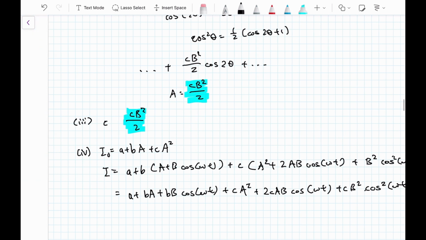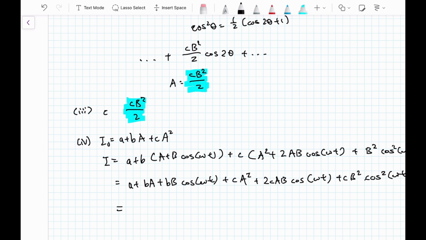And we need to express this somehow. One thing is that a plus ba plus ca squared is just I0. And I think we can get the amplitude for the first harmonic. That will be this.